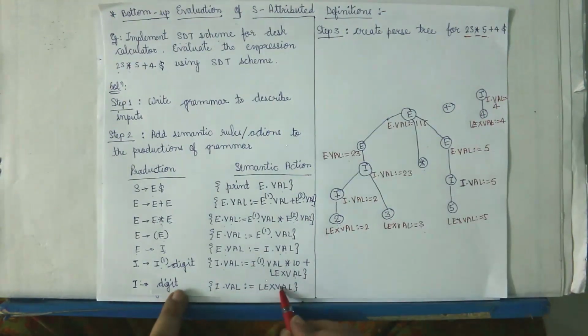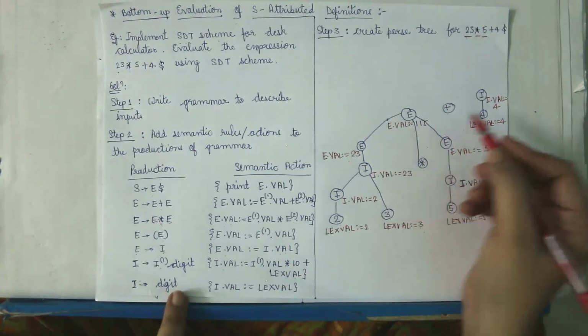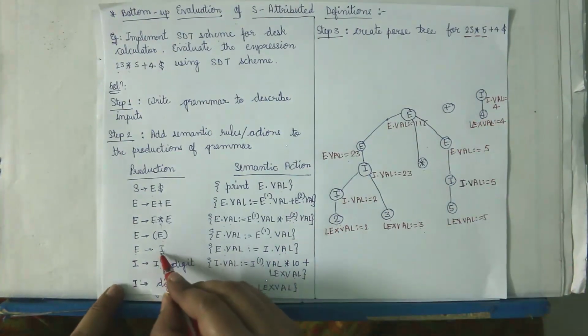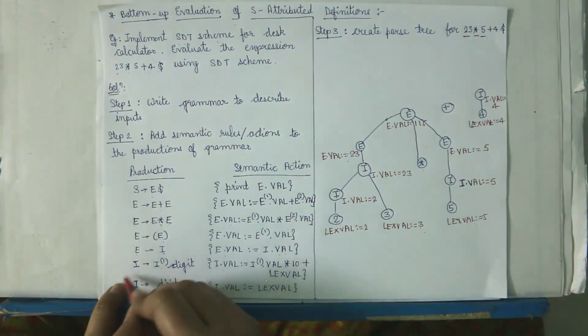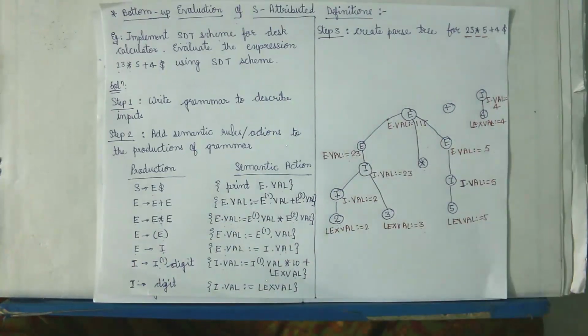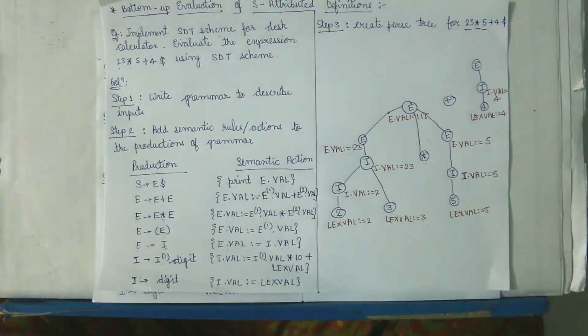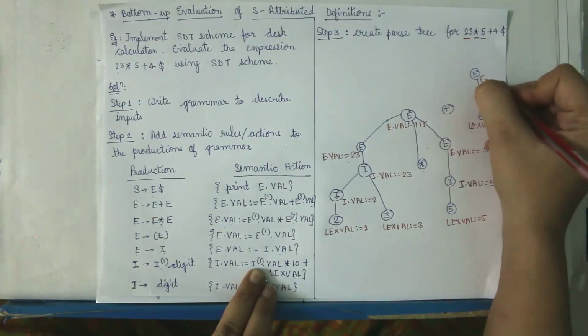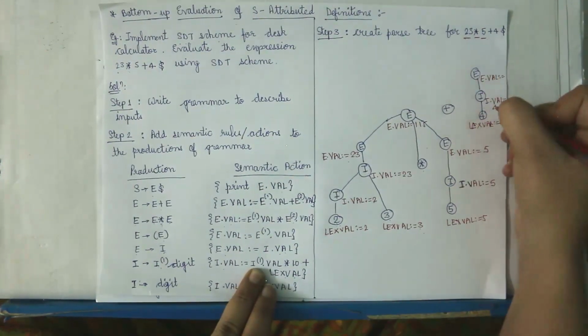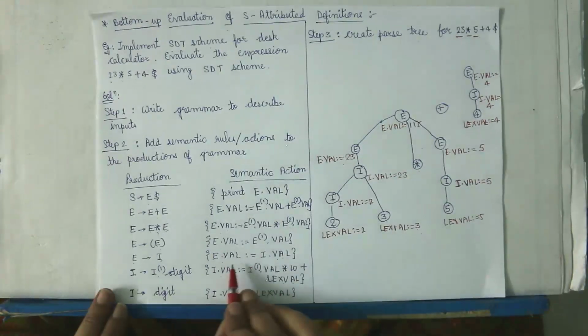So this I.val will become lexval, that is 4. Once we get this, there are no more digits, so no need to apply this rule. I becomes E. So this I becomes E, and we get a value for E, which is E.val, nothing but I.val, which is 4 here.